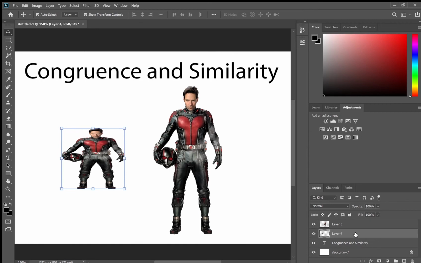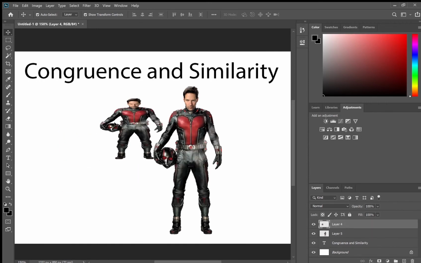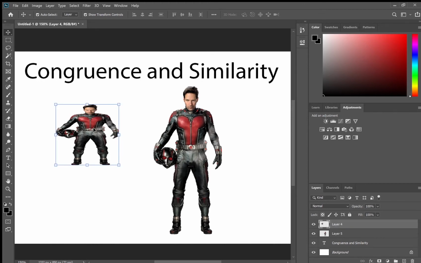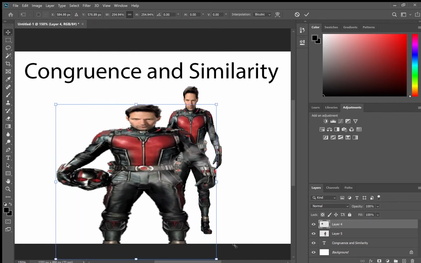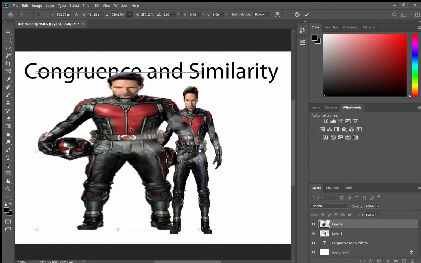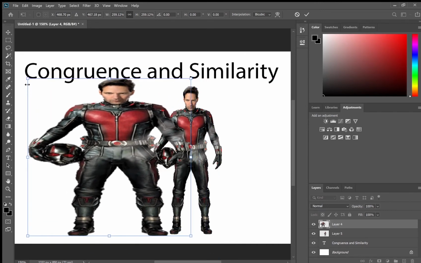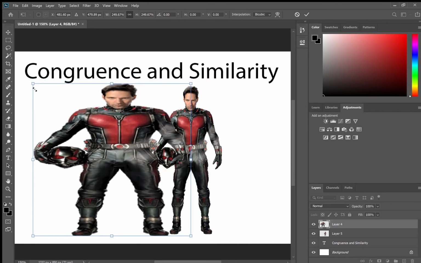I can't layer this Ant-Man perfectly onto this one using any rotation, any reflection, any translation, or any dilation. If I dilate this, I can get him back to the same height, but he's clearly not the same proportions. He's much, much wider. So these two Ant-Men are not similar.